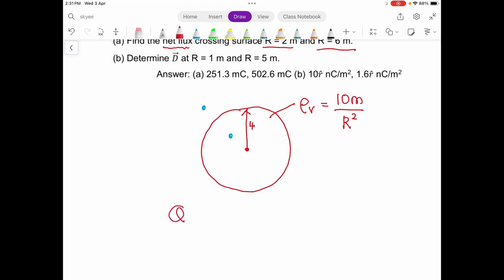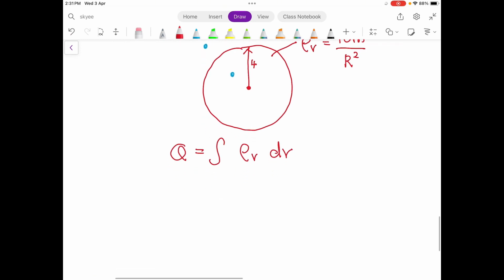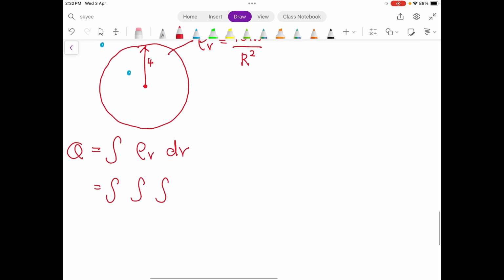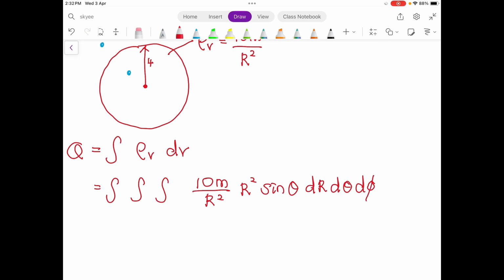The Q will be equal to the integral of rho V dV. When the R is equal to 2, it is less than 4. So over here we define our interval. Our rho V is 10 milli over R square, and you have R square sine theta dr d theta d phi.